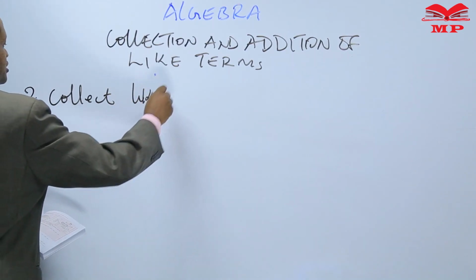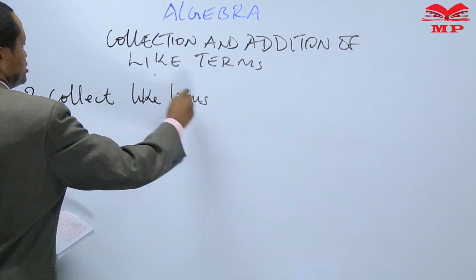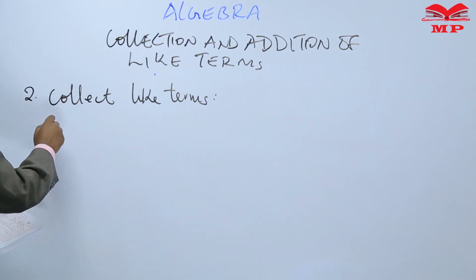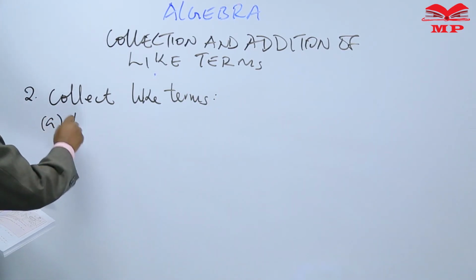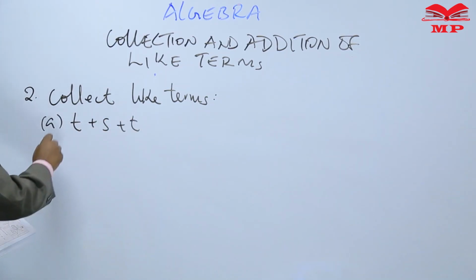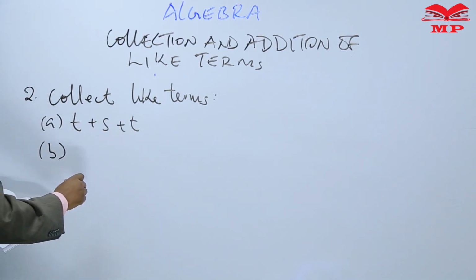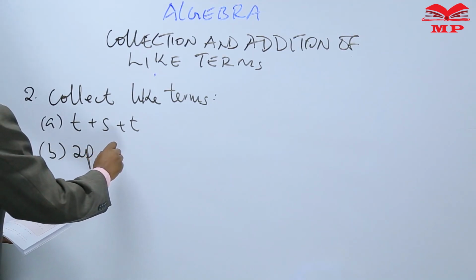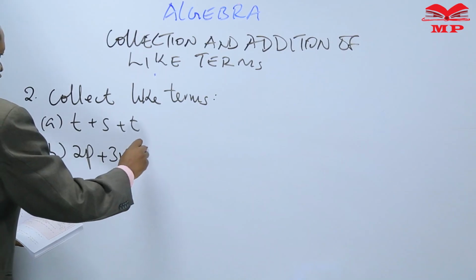A is t plus s plus t. Then B, we have 2p plus 3n plus 5p.